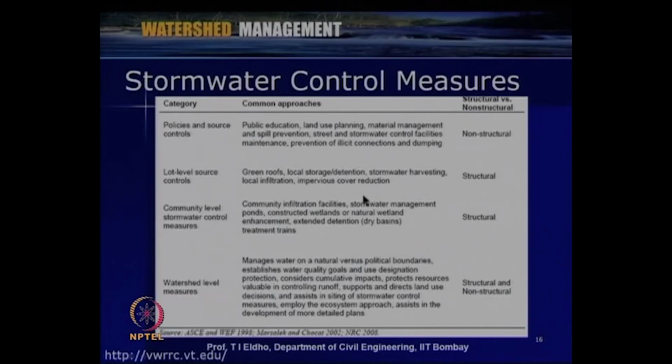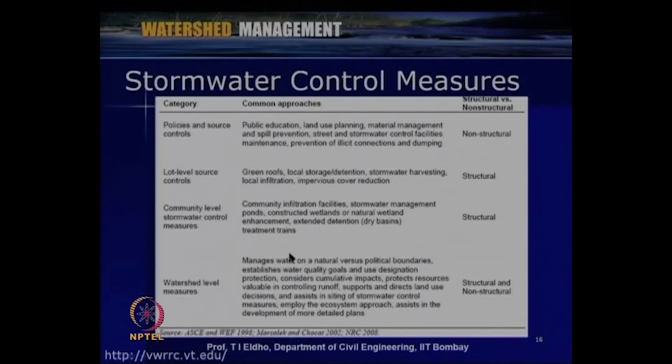So, these are all structural measures. Actually, policies and source control are non-structural measures. Then watershed level measures can be structural or non-structural depending upon what kind of control measures we are going for.